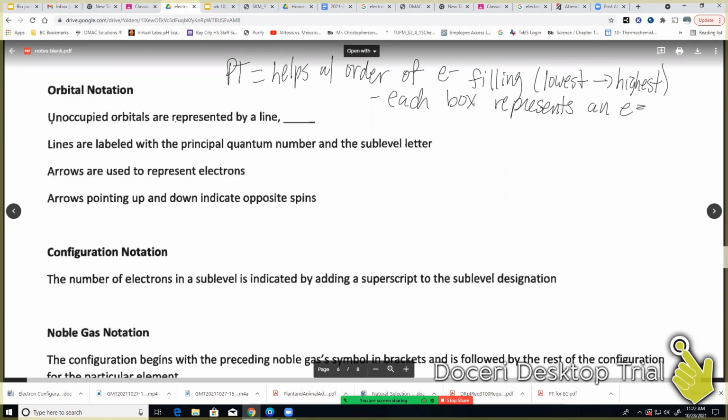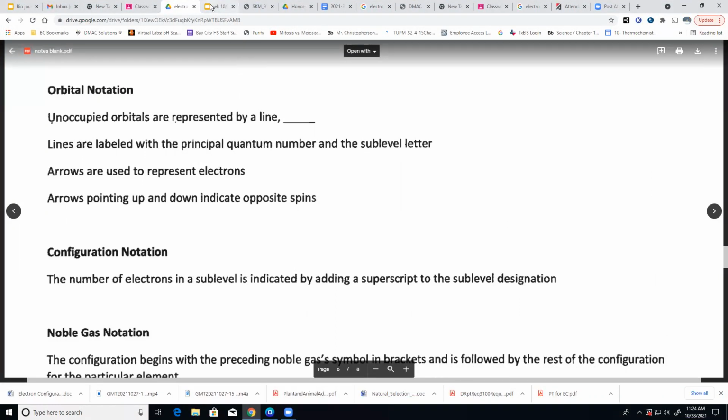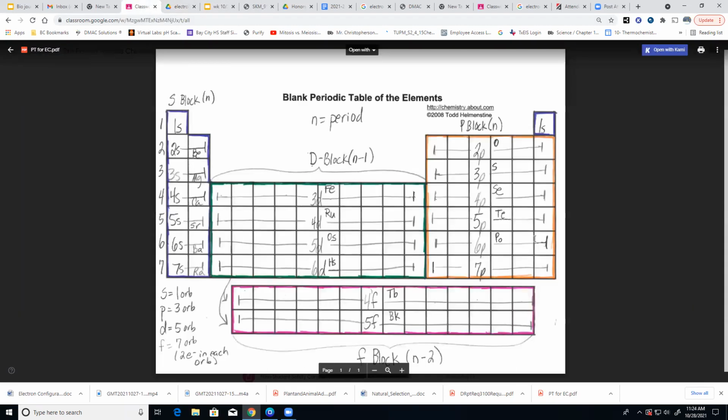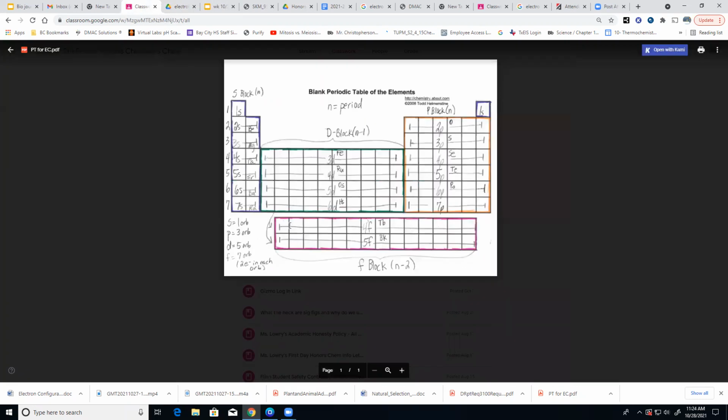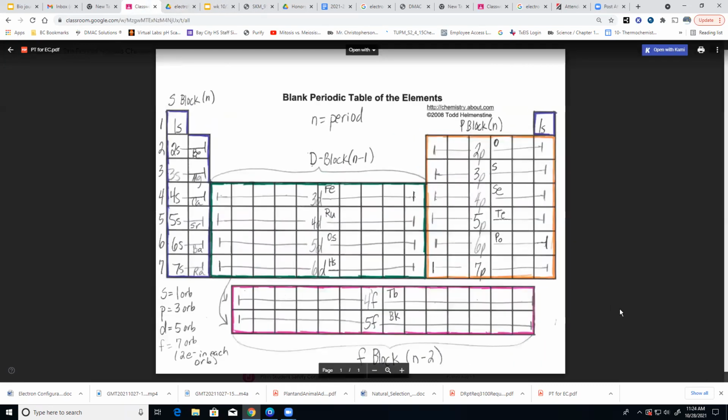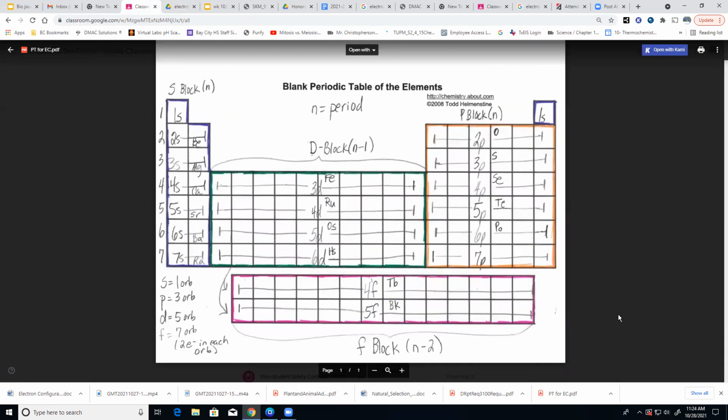All right, so I'm going to switch to my periodic table real quick. Whenever we look at these different numbers and the different letters, we talked about them yesterday.